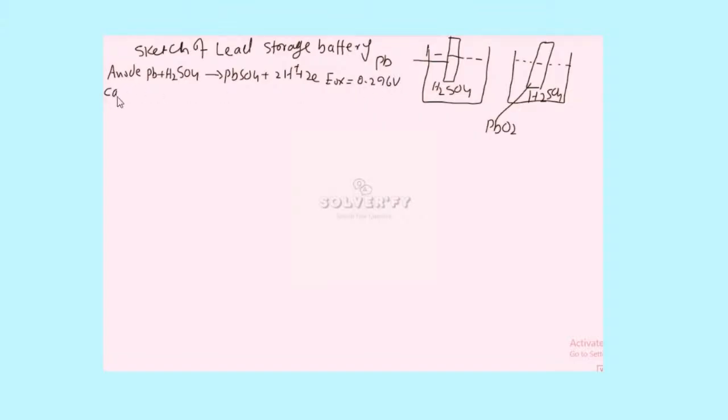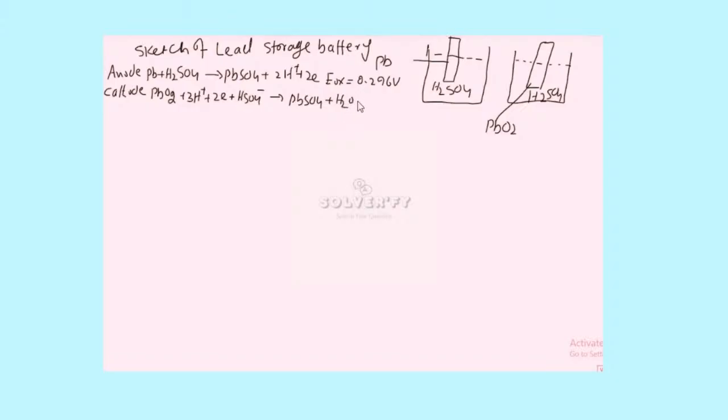On the other hand, at cathode, the lead oxide gains the hydrogen ions and the electrons released by that, and in the presence of HSO4 minus, it forms PbSO4 plus water molecule.